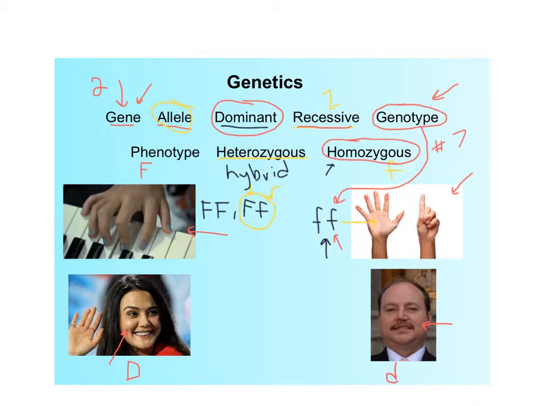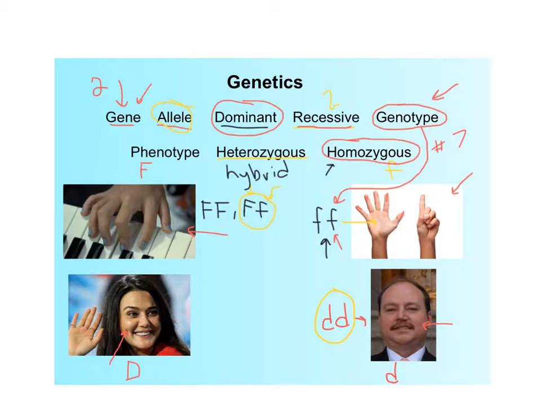So, the only way you cannot have dimples, you've got to be what's called homozygous recessive. You got to have 2 little d's in order to not have dimples. That would be your genotype. So the only genotype you can have to not have dimples is homozygous recessive, or little d, little d.